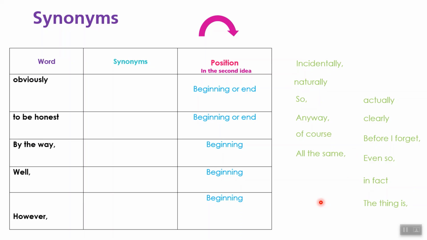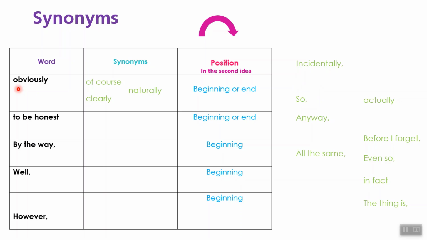So in this case, guys, you have to help me in this activity to try to find synonyms. Okay, guys, so number one, we're going to find synonyms of obviously. For example, for obviously, some synonyms could be of course, clearly, naturally.